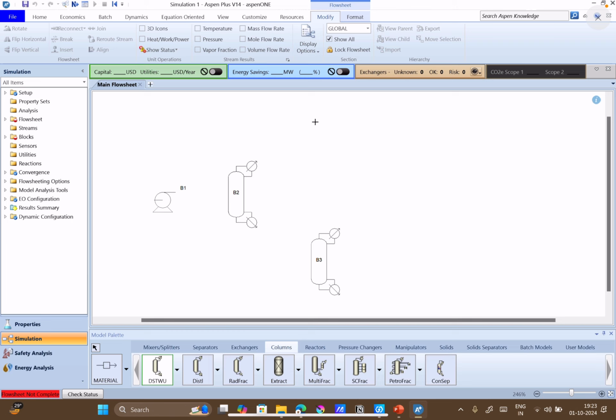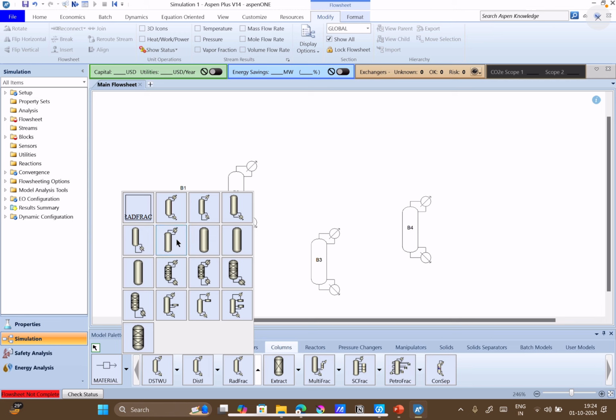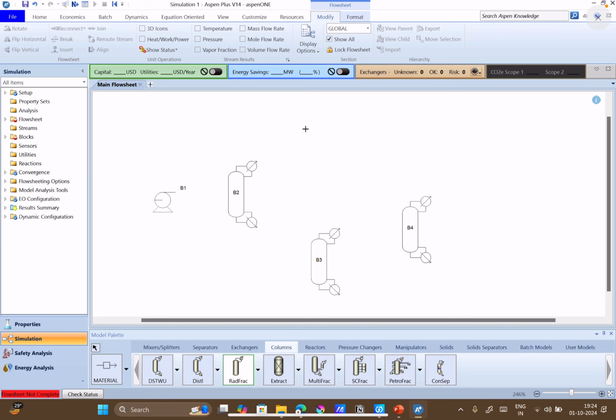Top product goes to the RadFrac unit, and the bottom of the RadFrac is again coming to the DSTW unit. For the RadFrac column you have multiple options. We have to select RECT, which is RadFrac without any reboiler. So we have two such RadFrac columns. Okay, so this is how your process flowsheet should look.